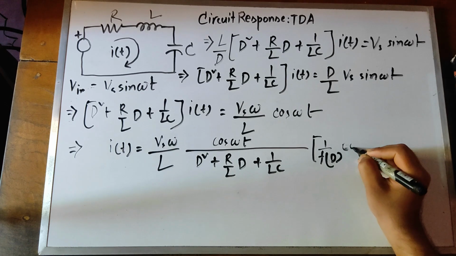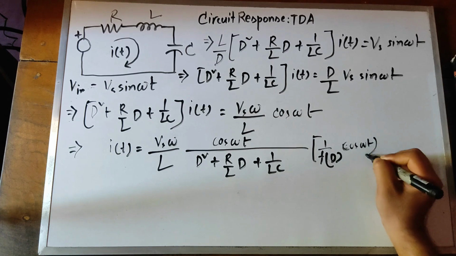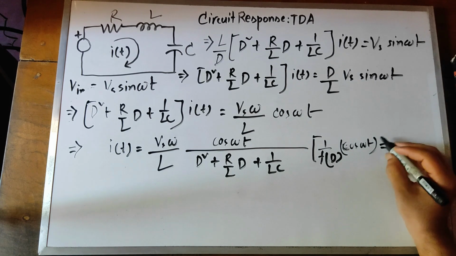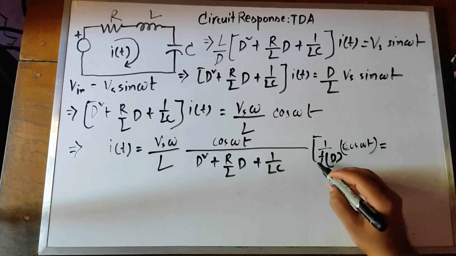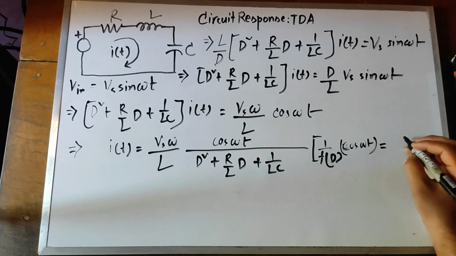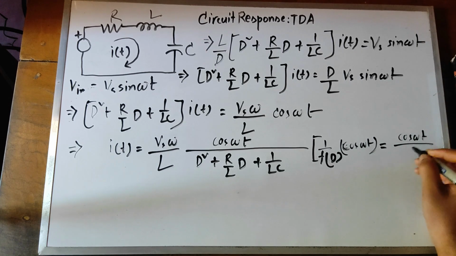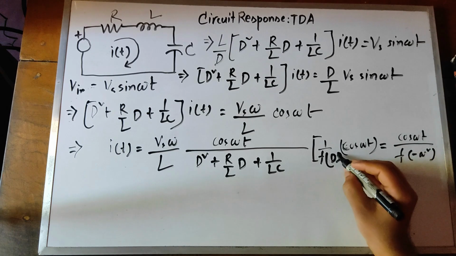If I have cos omega t, this is a formula you can find in differential equation books. It will give me cos omega t by f of minus omega squared.